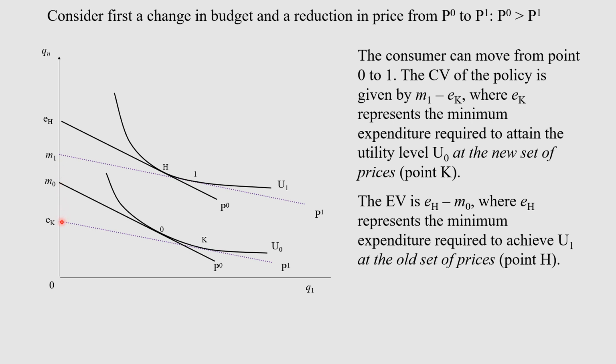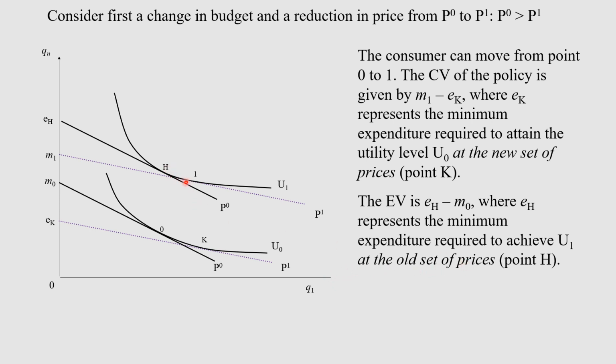In other words, this would be the amount that the consumer should be willing to pay to go from 0 to 1. Now the equivalent variation is measured by EH minus M0, and it represents the minimum expenditure required to achieve U1 at the old set of prices.